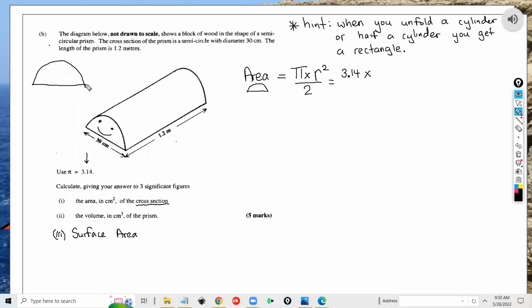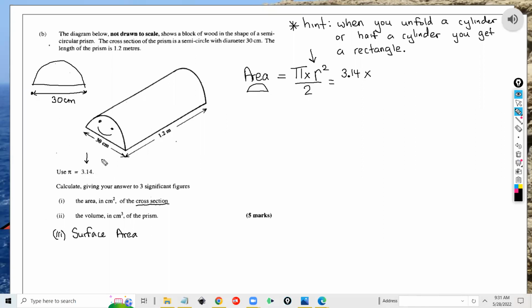Right. Angelina, wrong. Remember, the diameter goes from one end to the other end of a circle, whether it be a circle or half a circle. So the diameter is 30 centimeters, but the formula requires the radius.